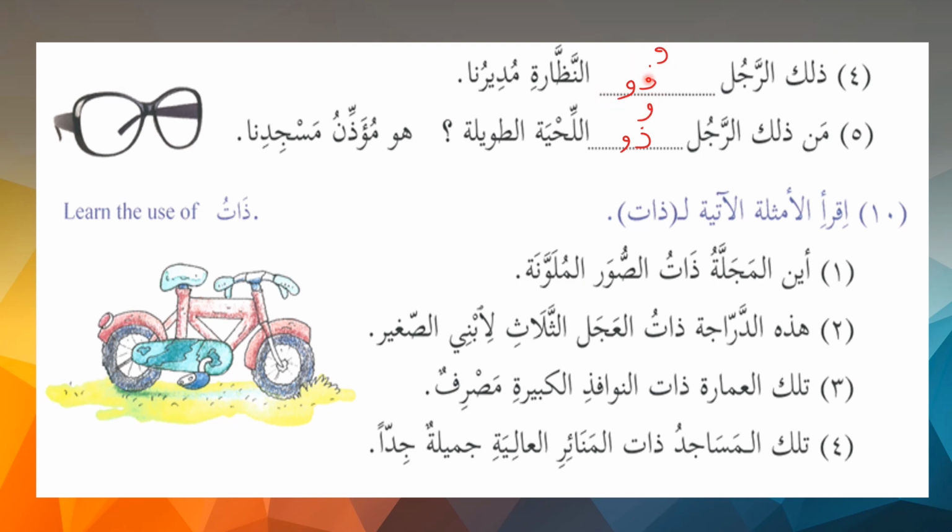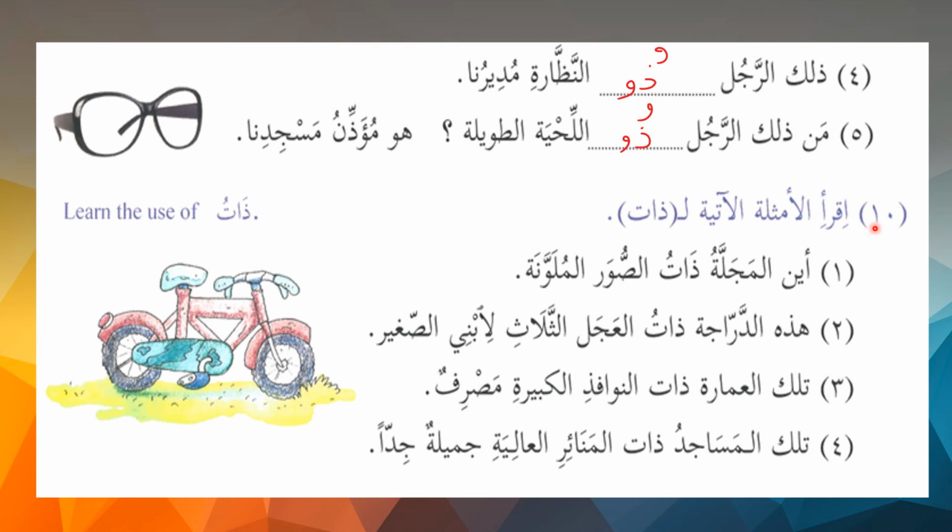So this dhu is not related to nazzara, but this dhu is related to the man. ذلك الرجل ذو النظارة مديرنا means that man having the glasses is our principal. من ذلك الرجل, who is that man ذو اللحية الطويلة, having a long beard. So the dhu is representing the man, not the lihya. هو مؤذن مسجدنا, he is the muazzin of our masjid.